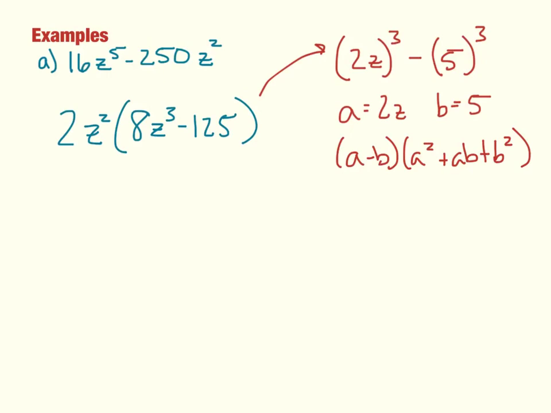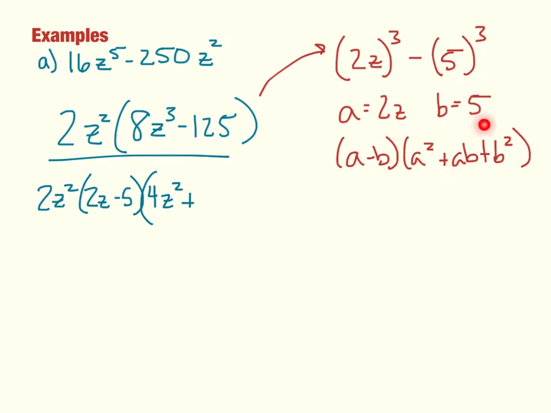So I'm going to start plugging all that in over here, back where we left off. Now, this 2z squared just has to stay on the outside. And then I have a minus b, so 2z minus 5 times a squared. 2z squared is 2z times 2z, that'd be 4z squared, plus a times b.